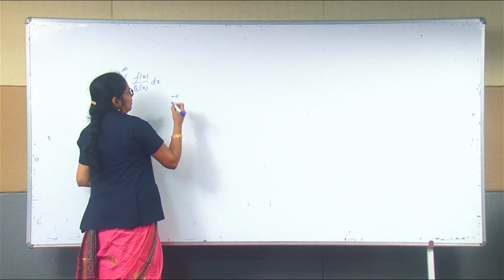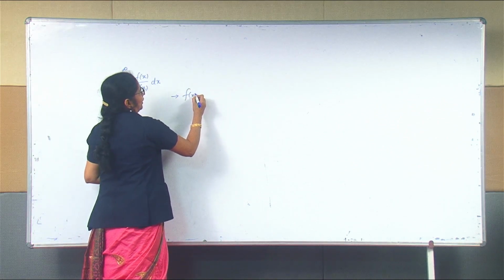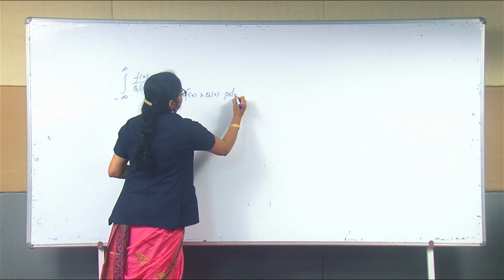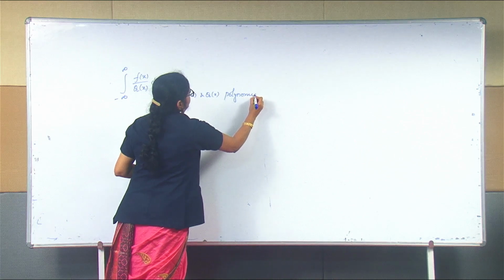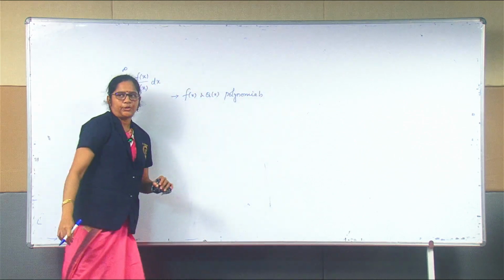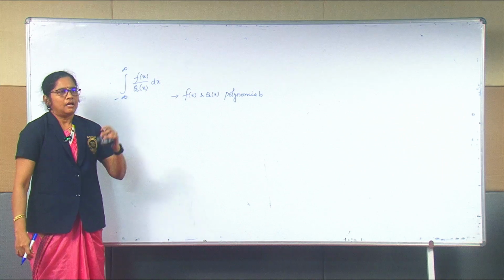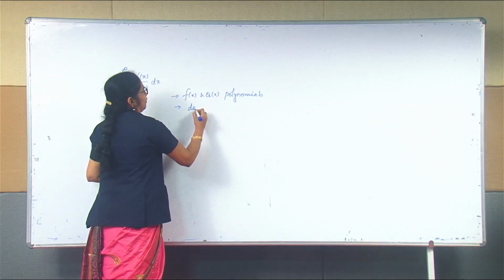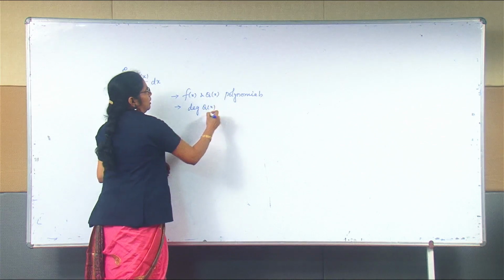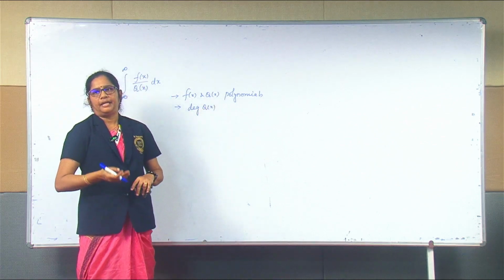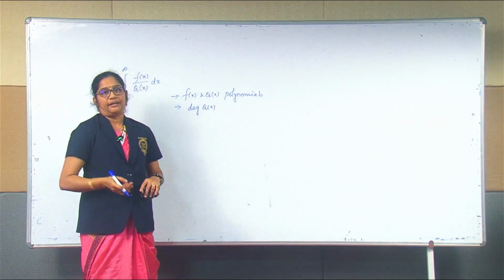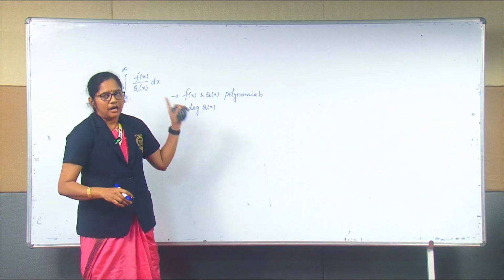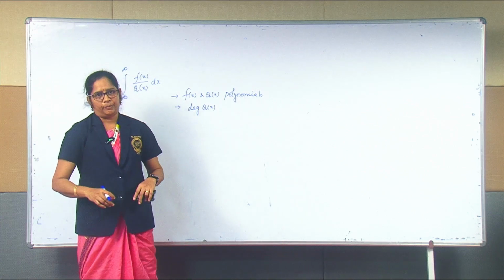The condition 1, f of x and q of x must be polynomials in x, of course. The second condition, the degree of q of x, that is the denominator degree, greater than the numerator degree at least by 2.